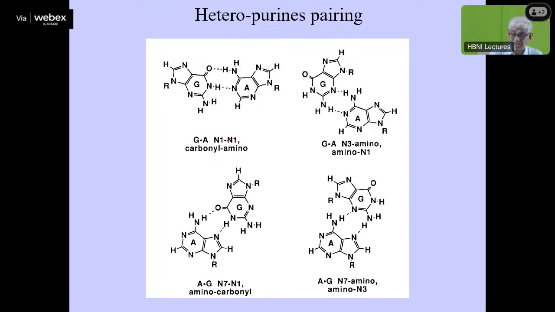Both are N1, N1. Here is N3 amino to amino N1. So N3 amino to amino N1, G and A. That is a possibility.